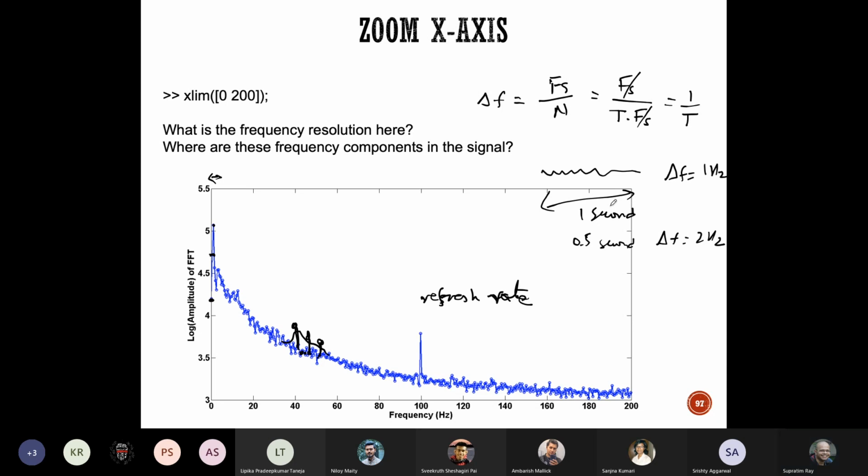So the longer you stare at the signal and compute its FFT over long durations, the finer is the resolution in the frequency domain. This is the time frequency uncertainty. We'll see it formally later, but this is the gist of it.